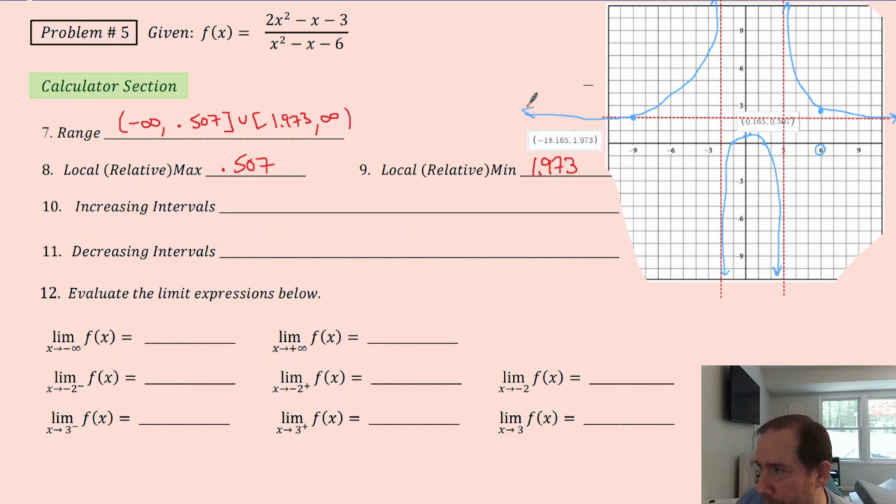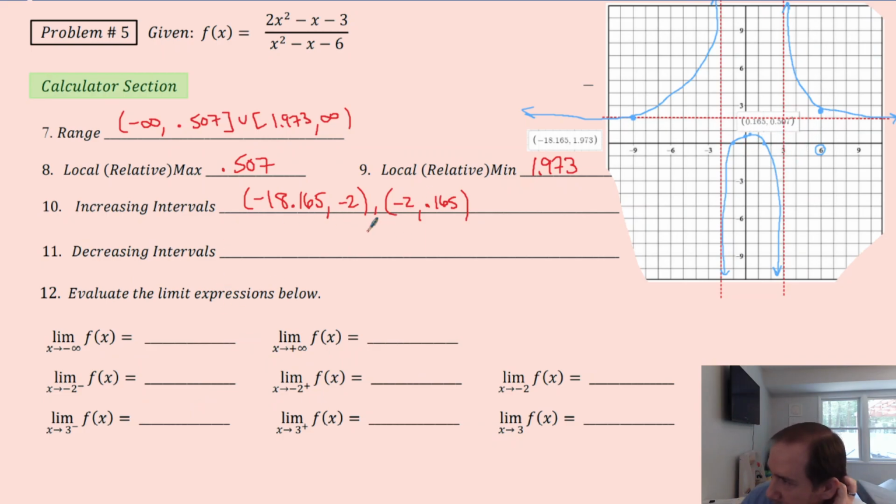Increasing intervals. At first I'm decreasing until I get to this critical value. Then I'm increasing, so I'm increasing from -18.165 all the way to the asymptote at -2. Then from there I continue to increase until I get to this local max, which is at 0.165. Then it decreases forever.